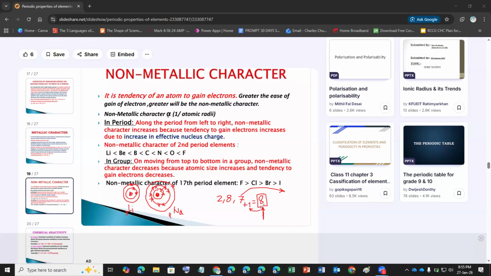Therefore, it's a strong non-metal and it has strong non-metallic character. And you can also tell that its atomic size is definitely smaller than a typical metal, so that it can achieve that feat of being able to attract electrons rather than give them away.